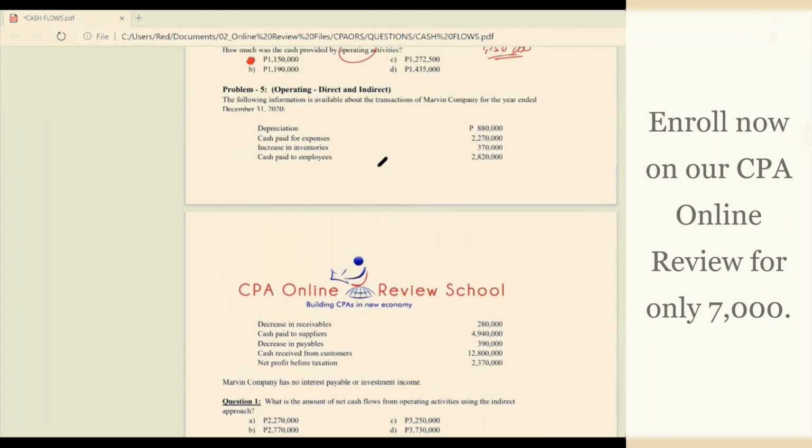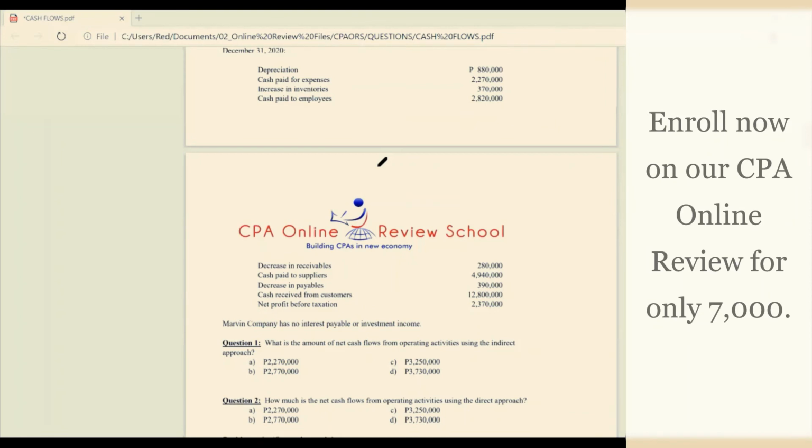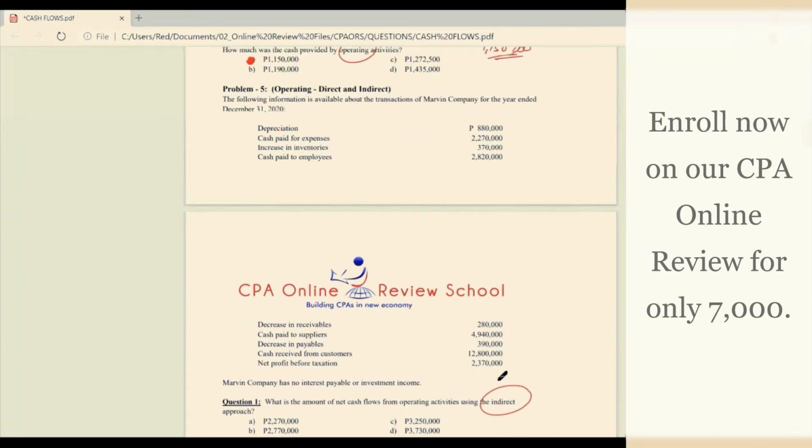Compute for net cash flows from operating using the indirect and the direct approach. Mamaya makikita nyo kung ano dapat yung sagot natin at kung bakit naging ganun yung sagot natin. Okay? Okay. So ngayon, indirect muna yung gamitin natin.